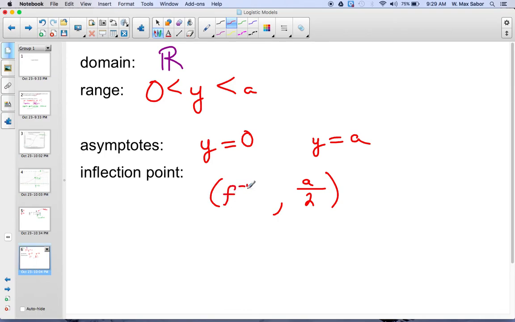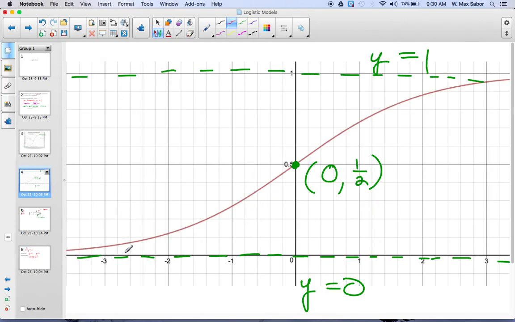So in other words, you could take the inverse and plug in a over 2, and that will give you your inflection point. The main thing that you need to know is that you're starting from one equilibrium of a population, so some stable state. Something changes that allows the population to change, and then it takes a sigmoidal path to the new stable state of the system. That is a logistic model.